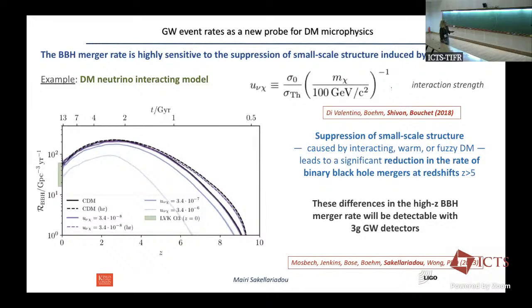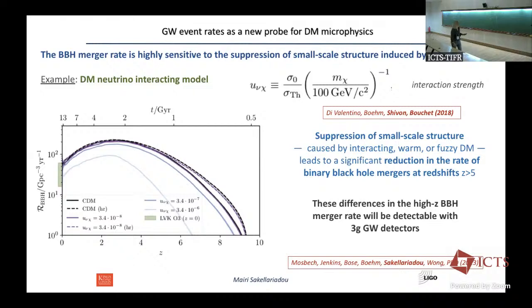And what do we want to calculate? The rate of mergers. As you can see, this is the rate of mergers that you get, and this is what cold dark matter is going to give you. So there is a big difference, in particular, as you go to large redshift, and this difference is something that third generation detectors will be able to detect.